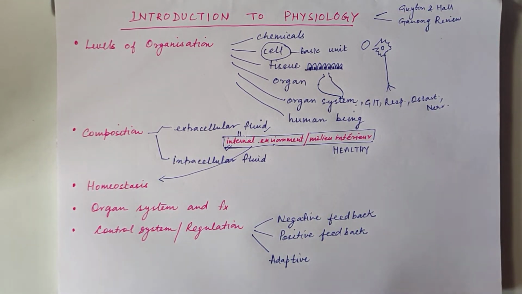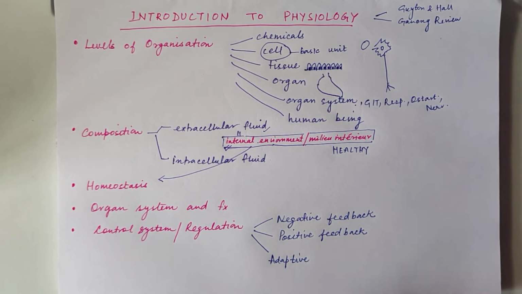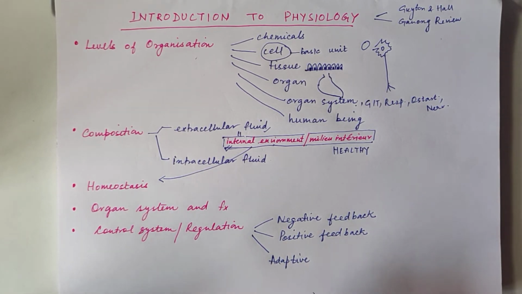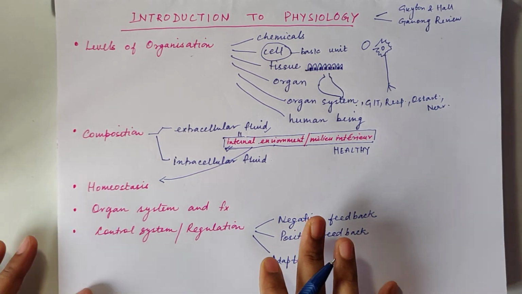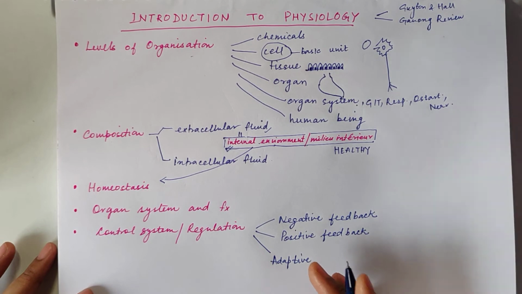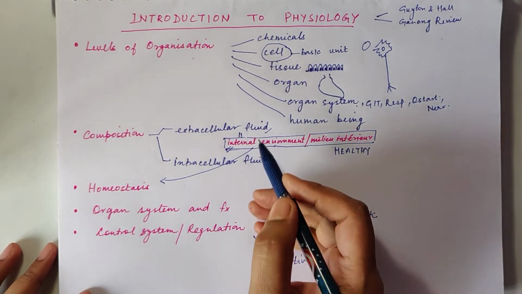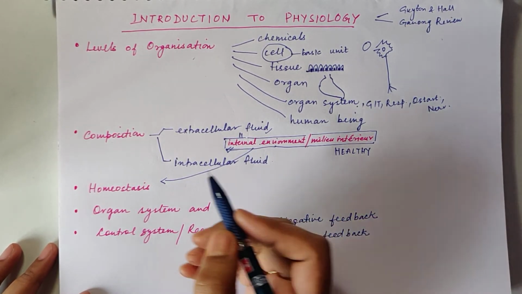Okay, that is what homeostasis is. And to elaborate, it is also the capacity of humans to maintain this internal environment nearly constant. It is the ability to maintain this internal environment.